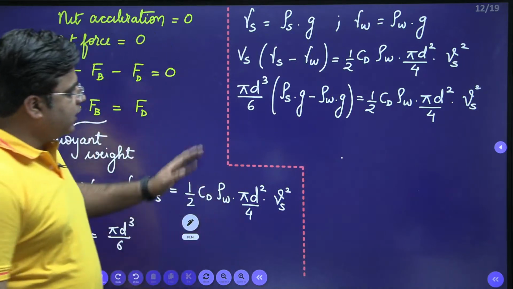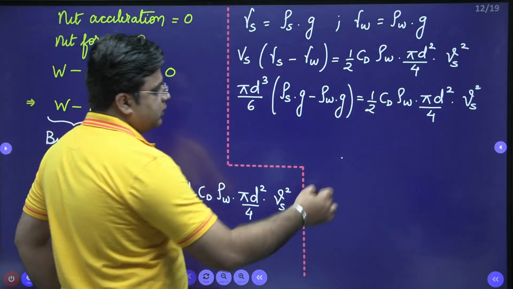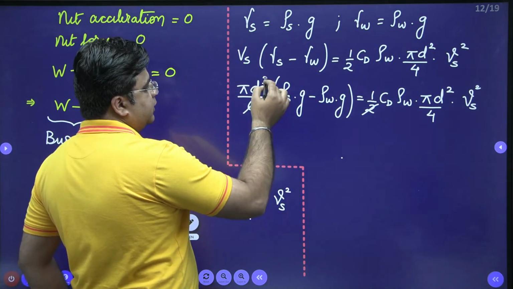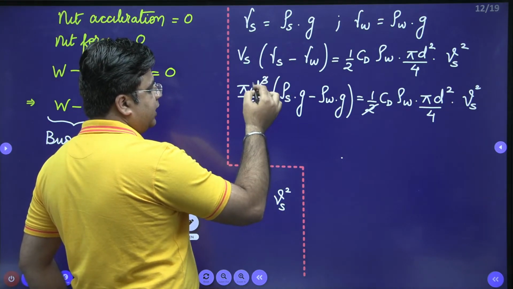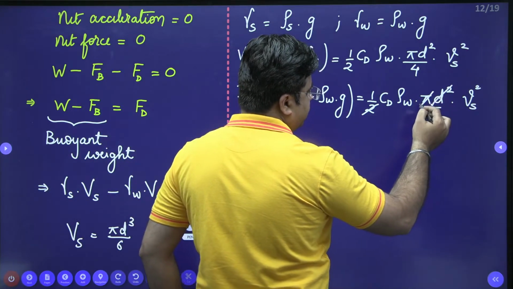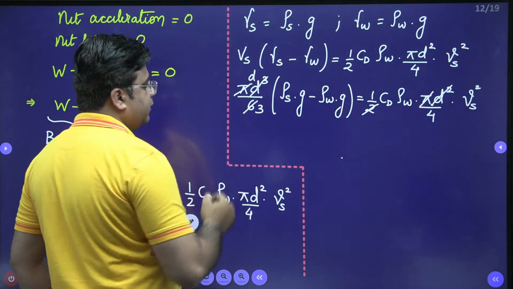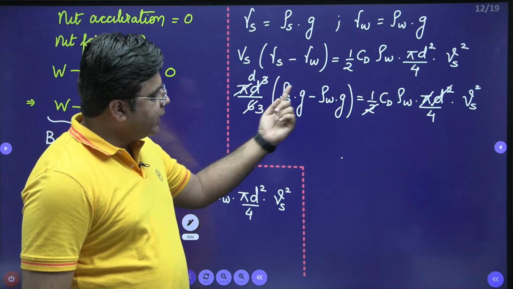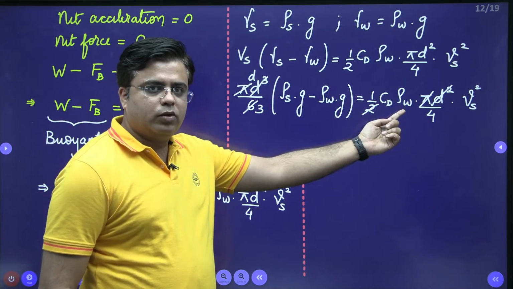So you can cancel out a lot of terms from this. This is 1 times, this is 3 times. The d square will cancel out, so you have 1 d here, and pi and pi cancel out from either side. You take out rho w common, and that rho w will cancel out with this rho w.